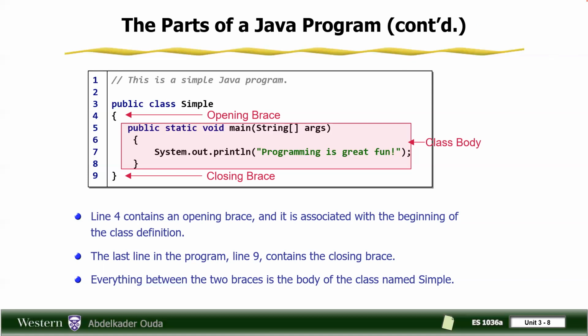Now if you see, we have one opening, a second opening, a first closing, a second closing. How will we manage these? The closest closing will close the first opening, and this will be for this, which means that all the things inside the start and the end are included in this class, which we call Simple.